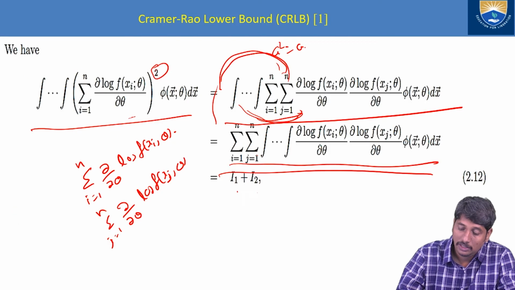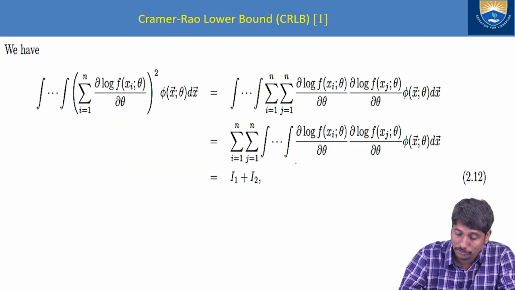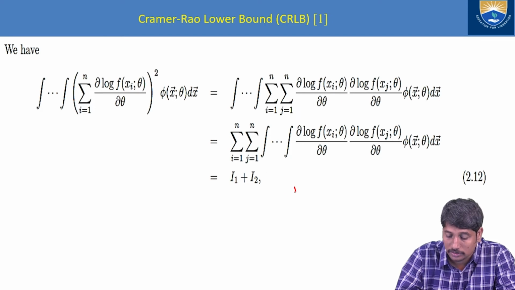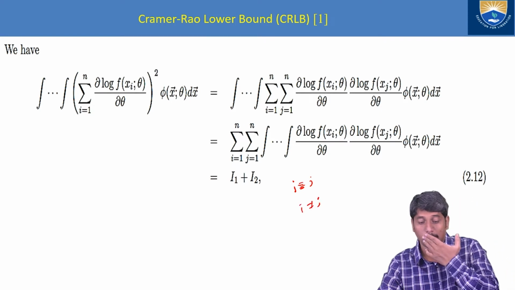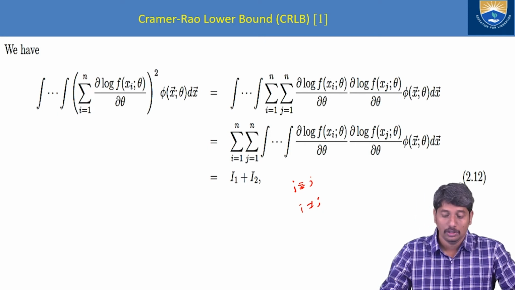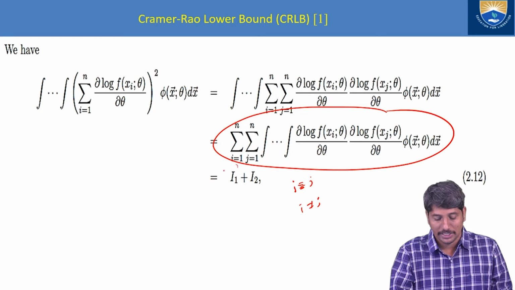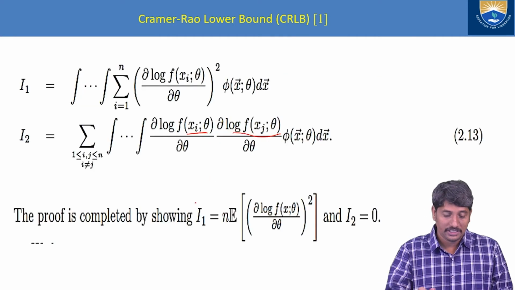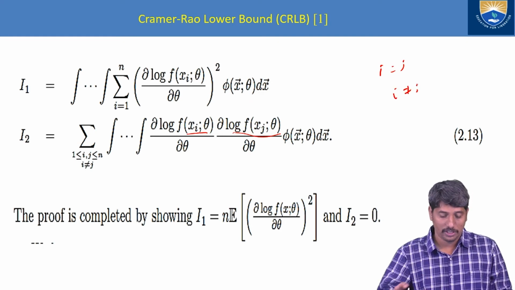That means here we are observing that there is a possibility that at one place i is equal to j, and at the remaining places i is not equal to j. So based on that, we are splitting the entire thing into two summations, I1 and I2, where I1 takes care of i equal to j values, and I2 takes care of i not equal to j values. That's what we have written.